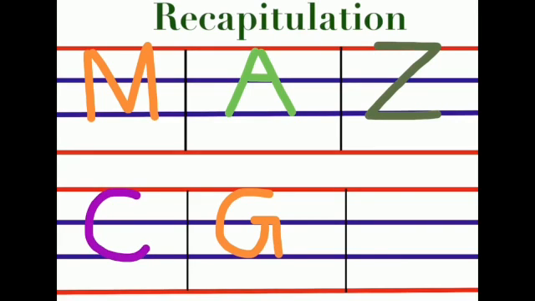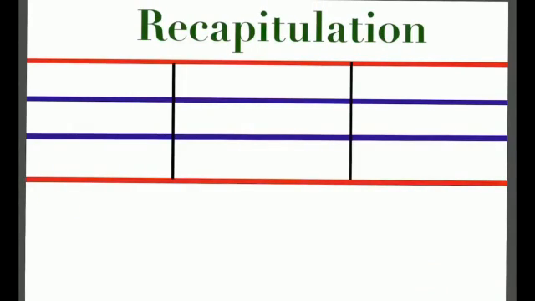And next letter is O. Keep the pencil just below the red line, a curve, come down, touch the third line, go up, up, up, up, up and join.